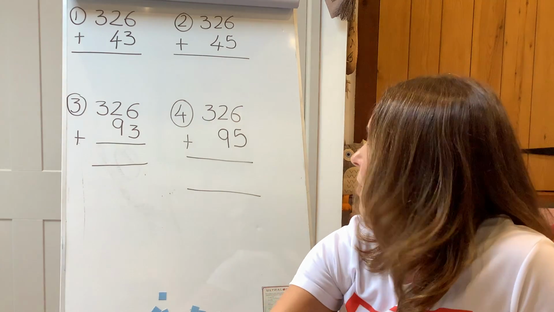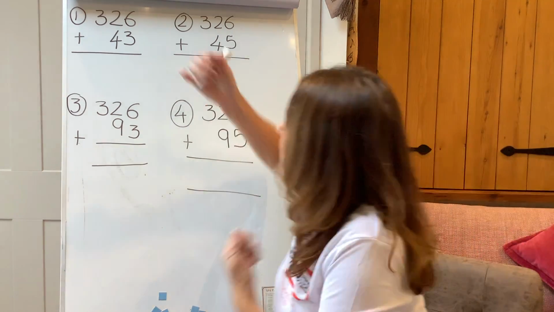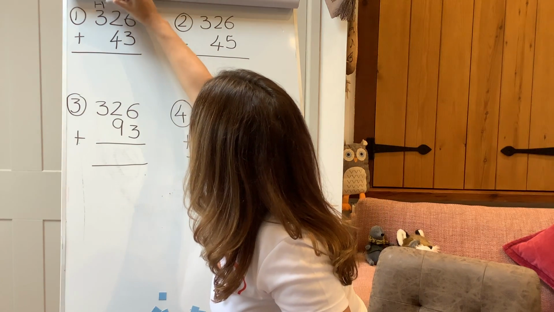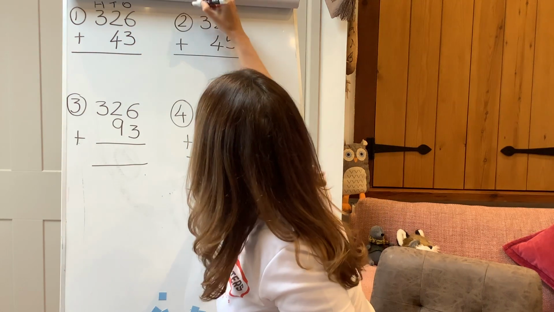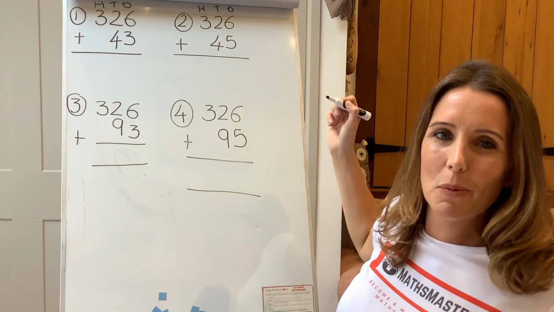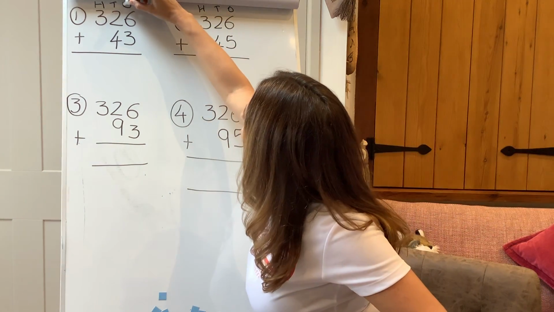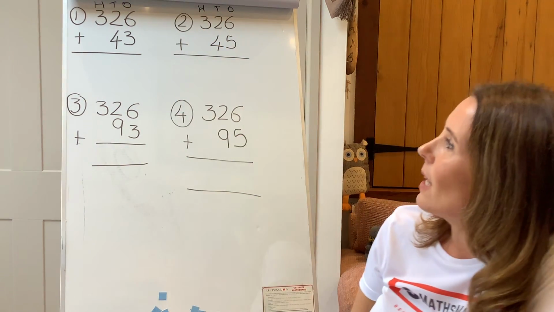Okay, so 326 add 43. So always helpful to put your place value headings on top. Why should we do that? Why should we put our place value headings on the top of it? What use is that to us?